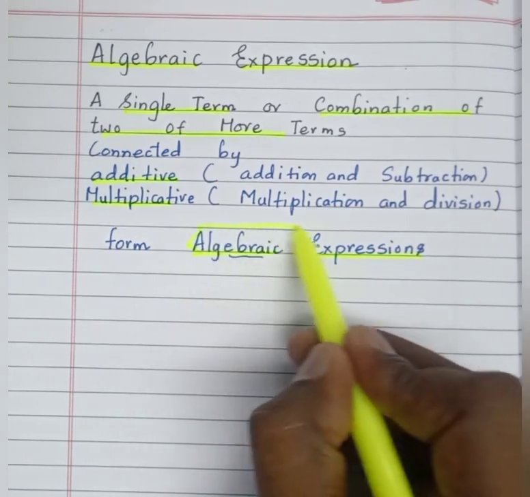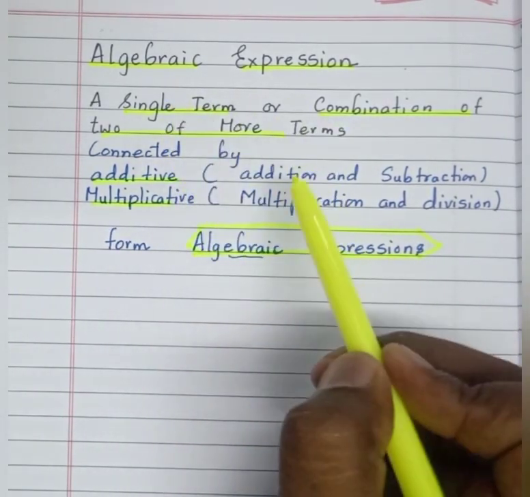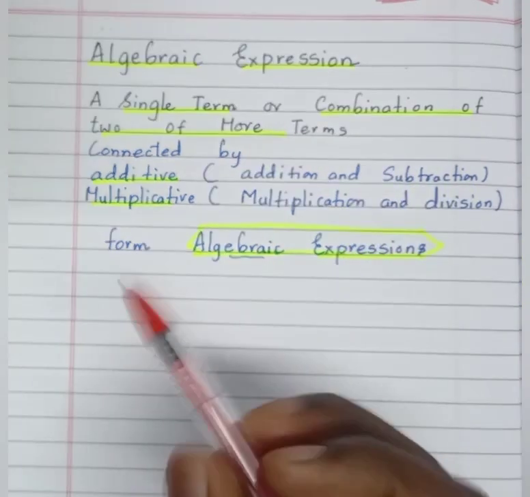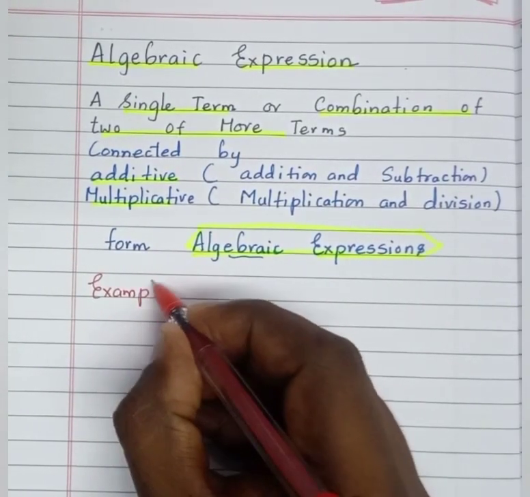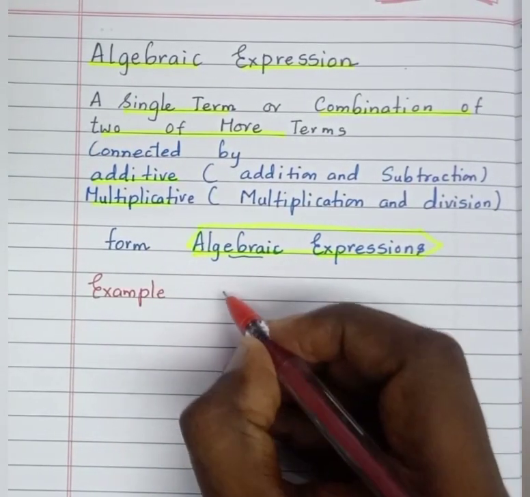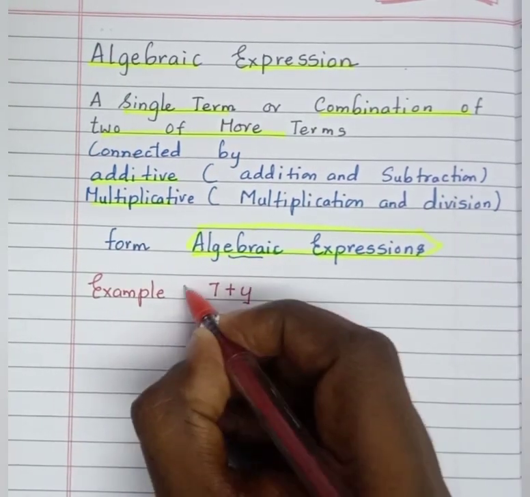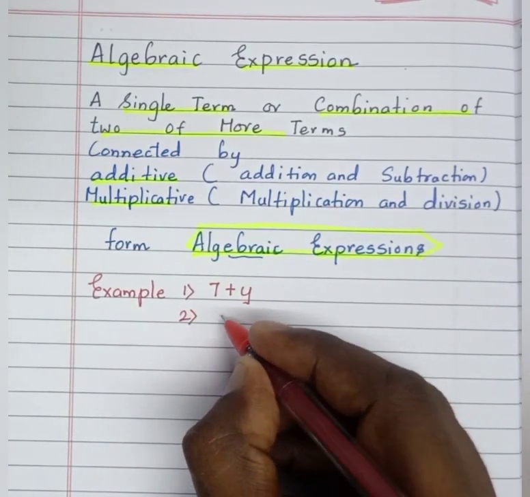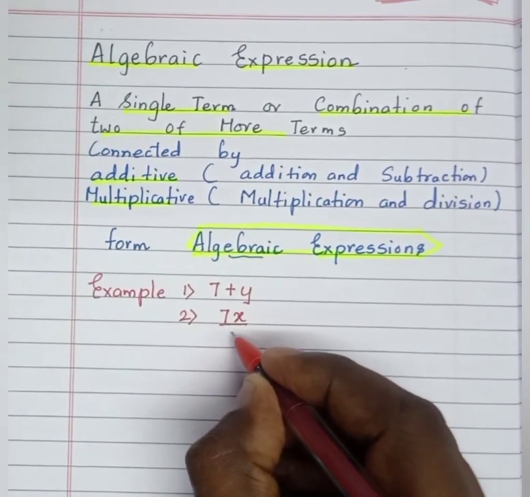Now we shall write a few examples for algebraic expressions. Example 1, 7 plus y. Example 2, 7x divided by z.